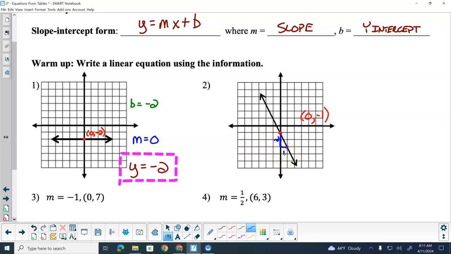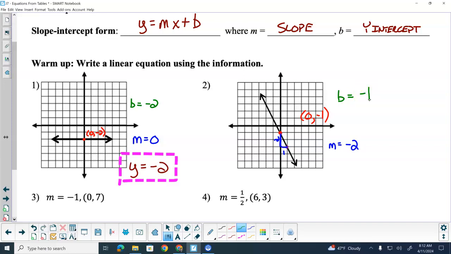Slope is rise over run, so what would my slope be? -2/1, or just simply -2. Anything divided by 1 is just itself. We forgot to say up here, if 0, -1 is my y-intercept, what would my b value be? -1. Exactly. Good job.